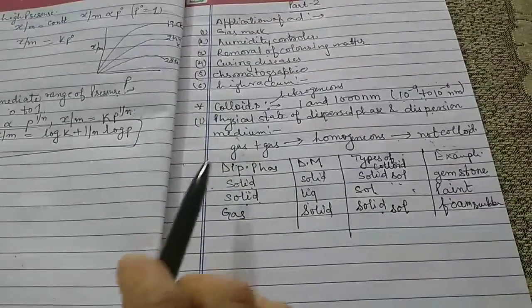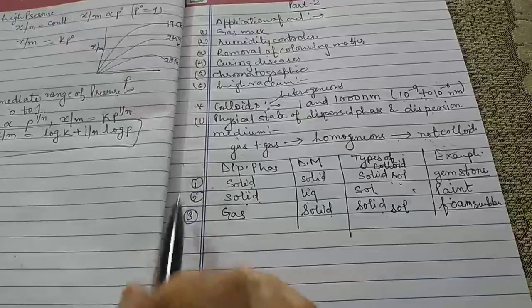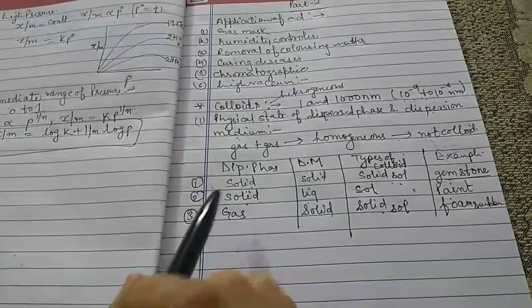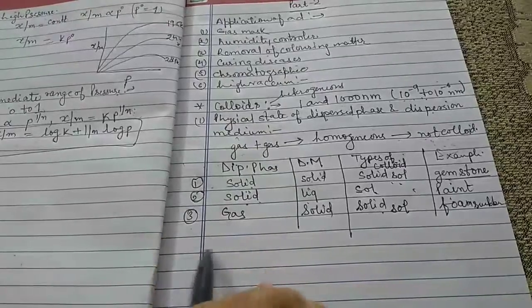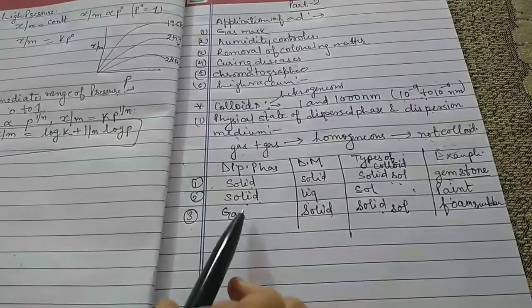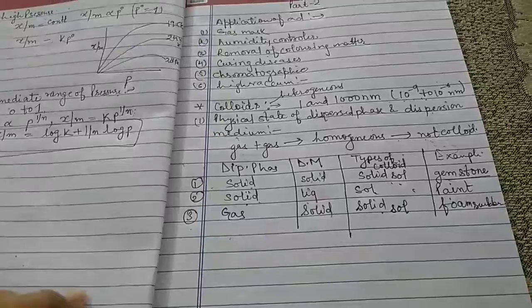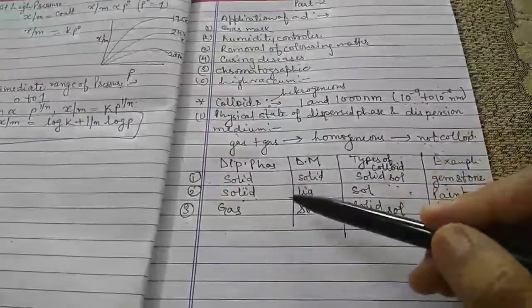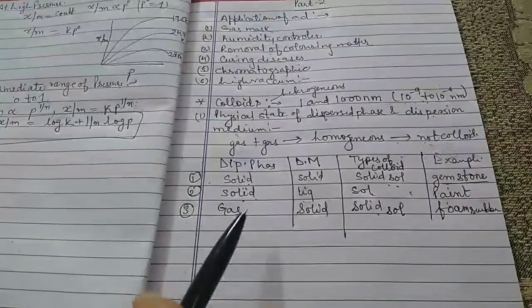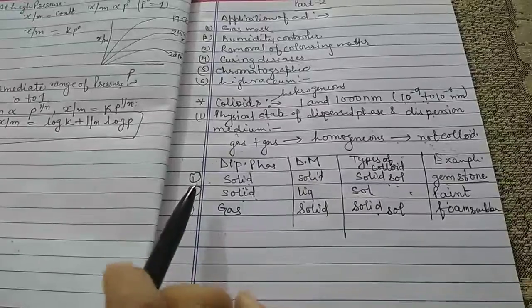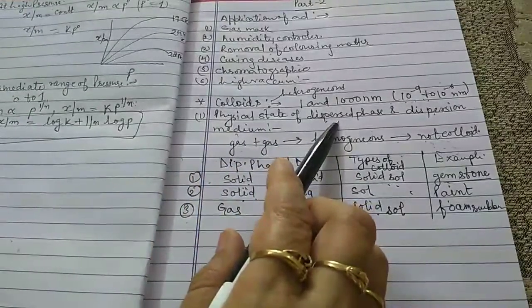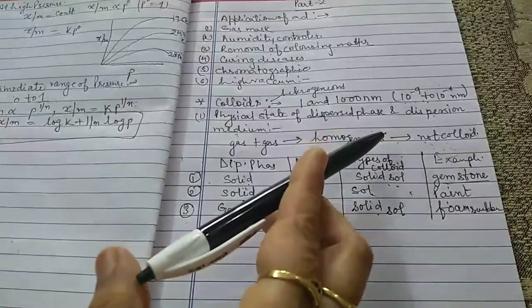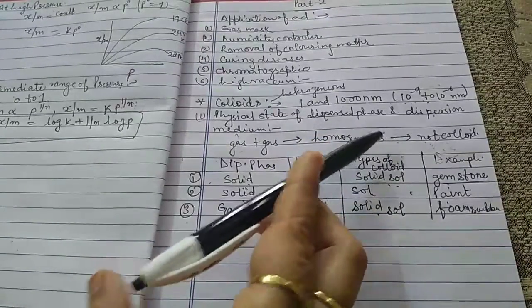So these are the 8 categories. I will send these 8 categories by the help of a PDF, and this list is also mentioned in your NCERT book. You can also tally these headings from the book. So this is the classification on the basis of the physical state of the dispersed phase and the dispersion medium.